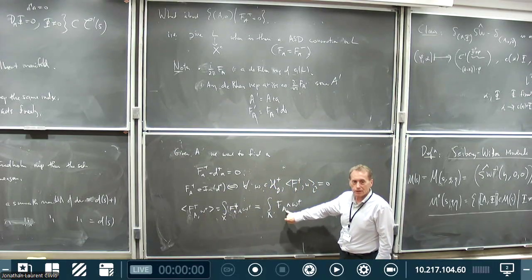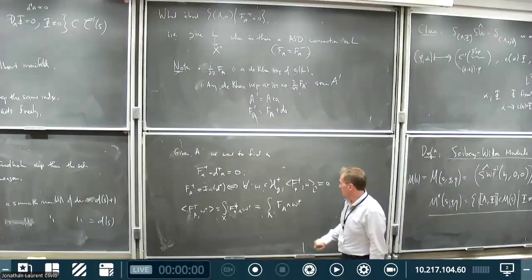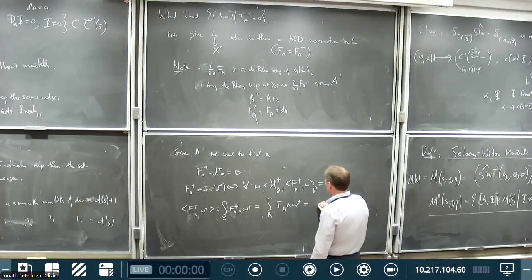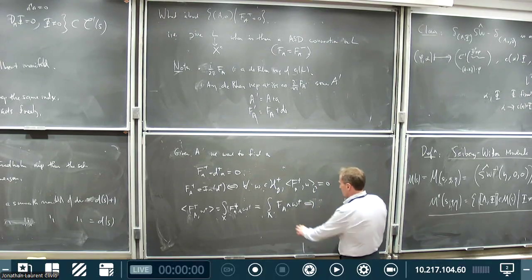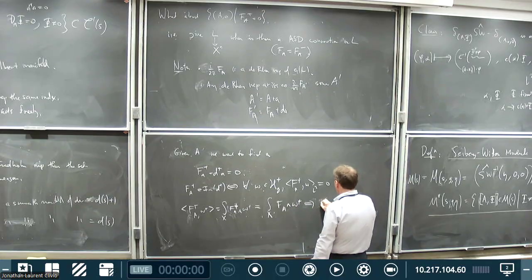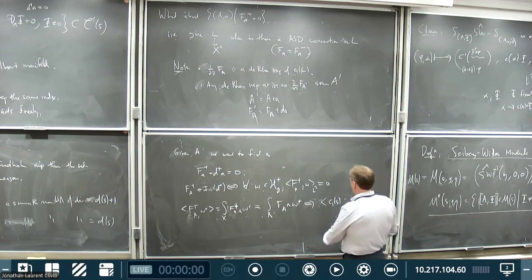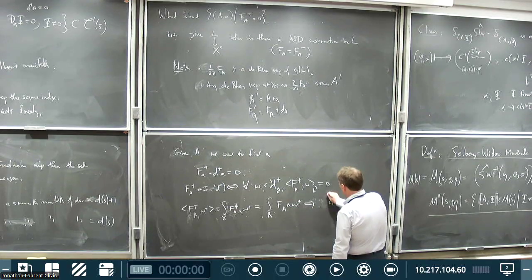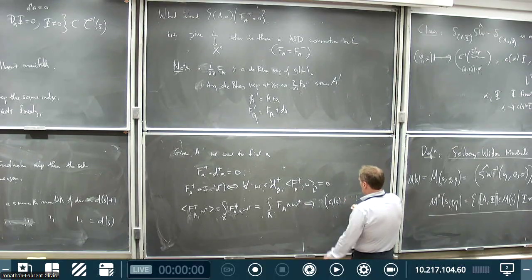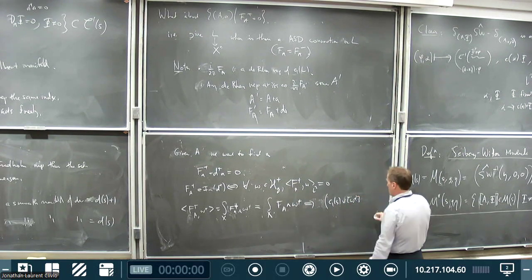So this says that, up to the 2 pi i, a de Rham representative of c1, and then the cohomology class, this guy is equal to 0.